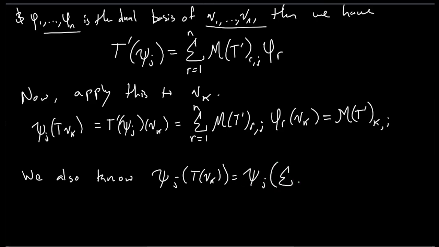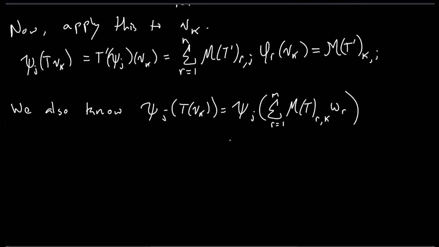It is the sum from r equals 1 to m of the matrix of T, where I take r comma k, times Wr now. I can send a basis vector Vk through T and write it as a linear combination of the w's. The coefficients come from the matrix of T with respect to those two bases.